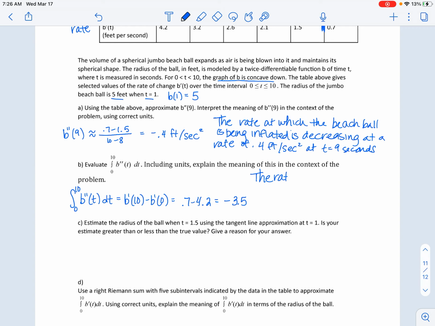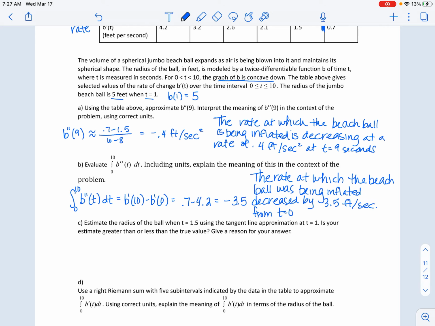So the rate at which the beach ball was being inflated decreased by 3.5 feet per second from t equals 0 to t equals 10 seconds.